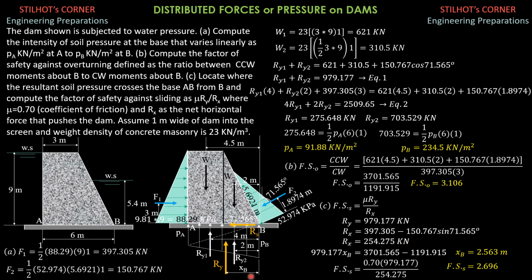We then sum up moments about B to locate Ry, the point where the resultant crosses the base of the dam, base AB, from B. So it is this Ry here, the moment arm is denoted by XB, then plus, because that is clockwise, plus the clockwise moment F1 times 3, equals the counterclockwise moments.